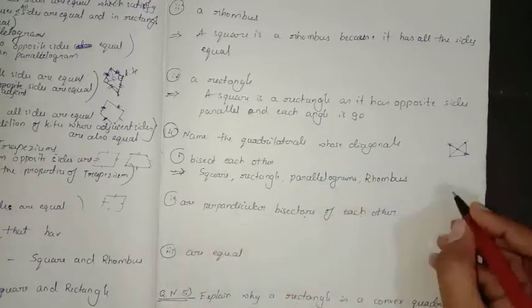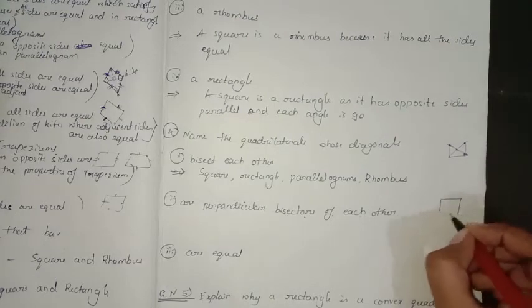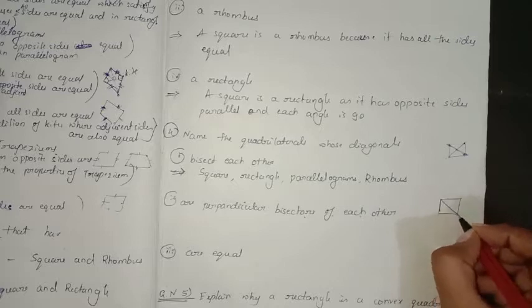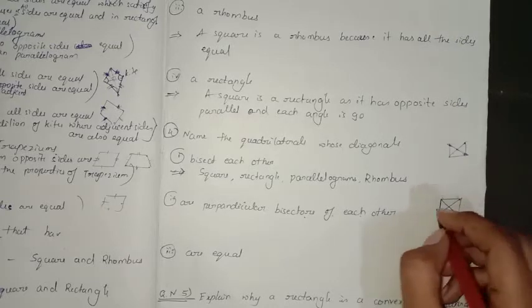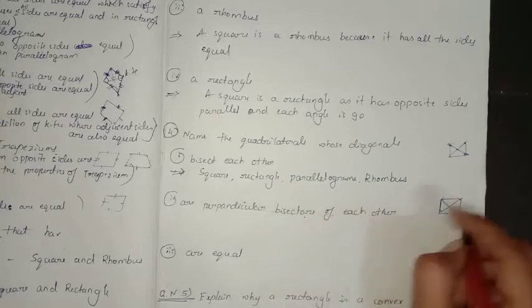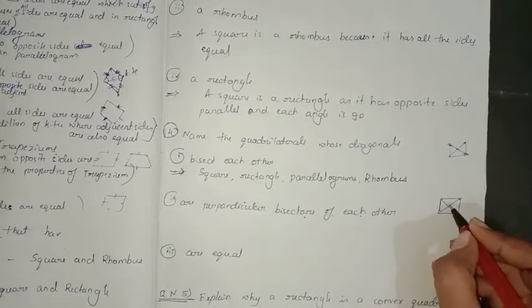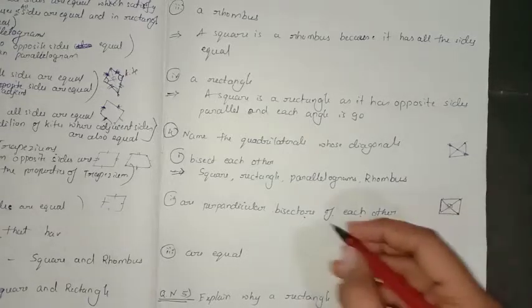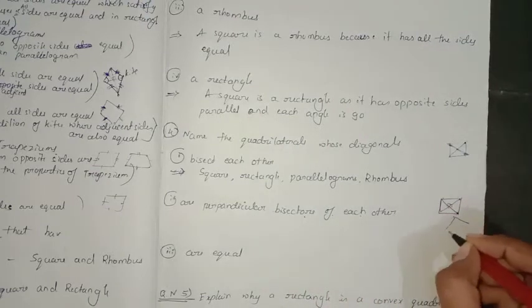So perpendicular, that means, for example, if you consider a square, in a square the diagonals perpendicularly bisect each other. The intersection angles the diagonals make should be 90 degrees. Yes, you have observed this in a kite also.